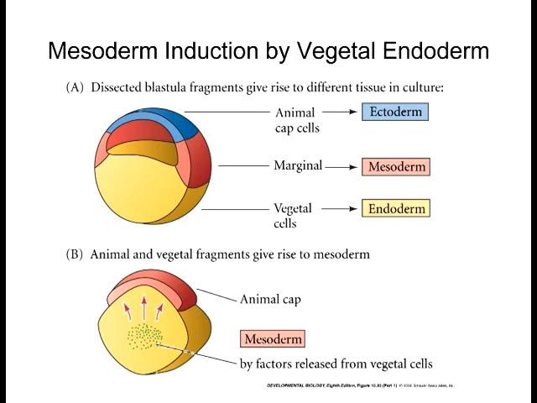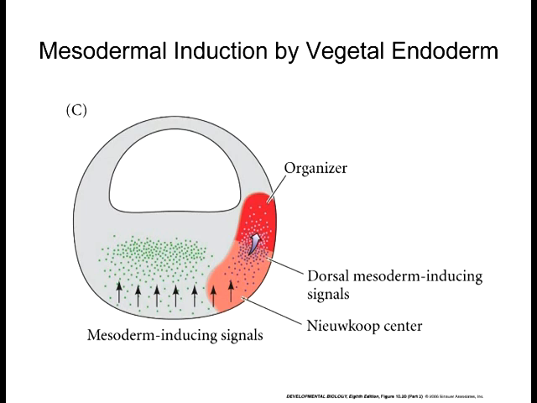So let's look at how the organizer forms. There are actually two different areas that we have to talk about in relation to that. There are maternal factors that come into play here that are necessary in the formation of the organizer. In the vegetal pole of the Xenopus, there is typically a sequestering of a protein called VEG1. This protein, in combination with another protein, forms a group of cells which are called the nieuwkoop center.